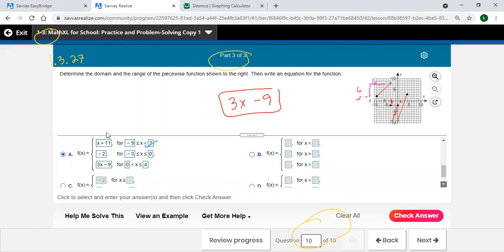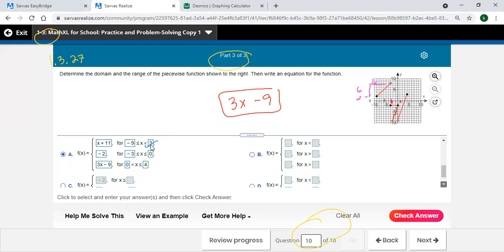And then it seems like the only thing I have left, the x plus 11, but I thought I checked that. At -9, that's at 2. And at 3, oh, wait a minute. If I put in a 3 here, that would be 14. I don't think that's right.